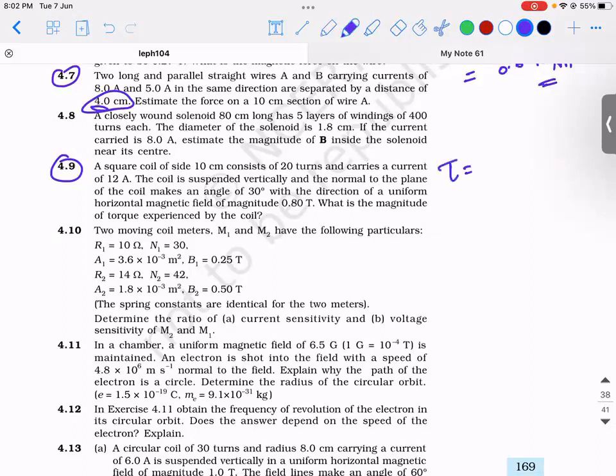So torque is equal to NIBA sin theta. N is how much? 20. I is 12. B is, A is 10 power minus 4, into sin theta.